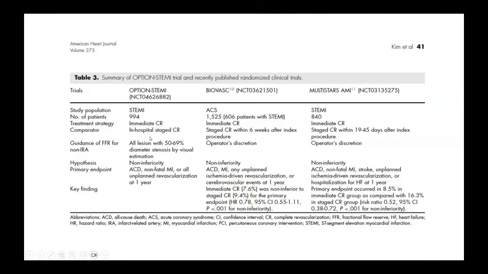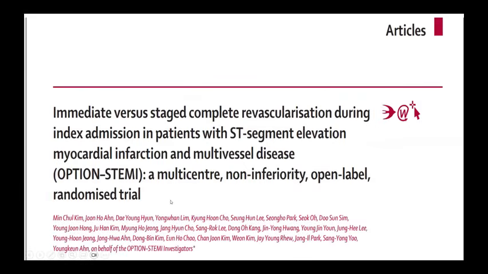OPTION-STEMI included in-hospital staging. BioVasc includes staging within 6 weeks, 42 days. Multistars includes staging up to 45 days. The hypothesis of the 3 trials was non-inferiority. The primary endpoints were similar.